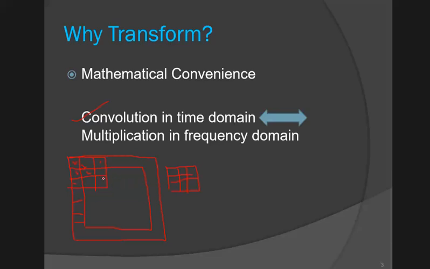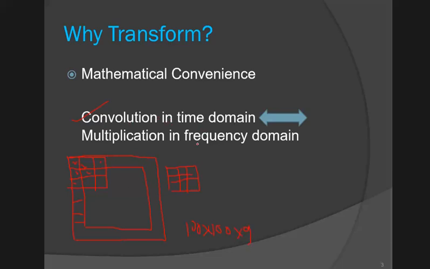So how many multiplications are there? You calculate that. For one pixel there will be 9 multiplications. For example, if the image is 100 by 100 pixels, multiplied by 9, that many multiplications are there in convolution in the spatial domain.